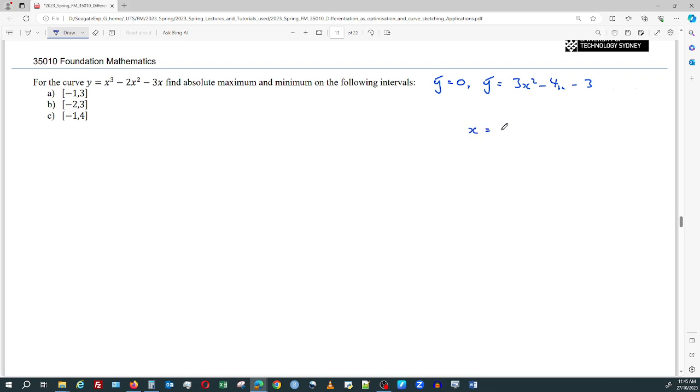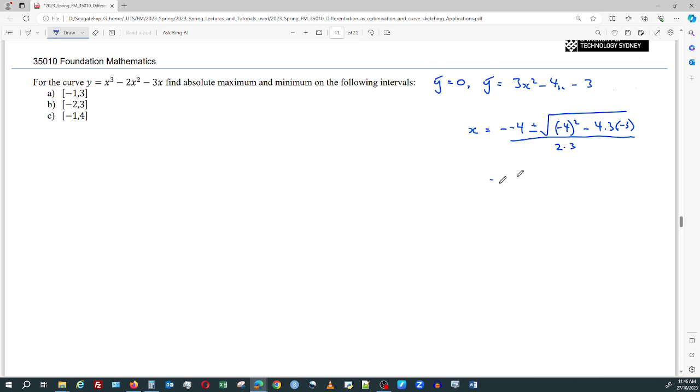So minus minus 4, plus or minus the square root of minus 4 squared. I think there'll be a root in this answer. Minus 4 times 1 times 3 times minus 3. So put that into brackets. Divided by 2 by 3.